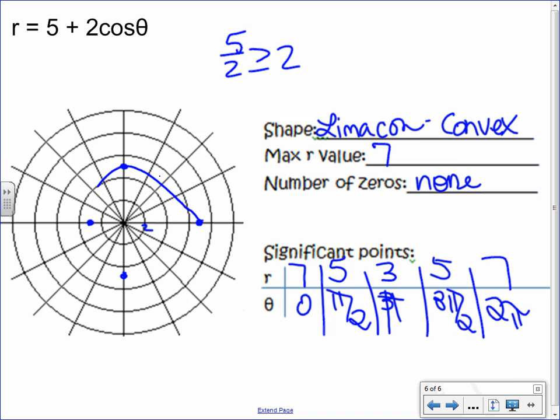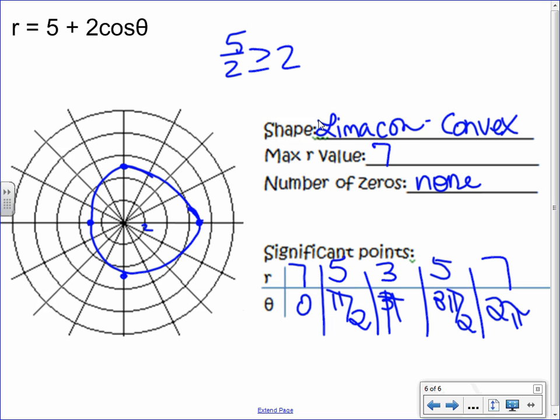So this doesn't really have a dimple. It's just kind of flat. What's A minus B here? 3. What does A minus B correspond to?